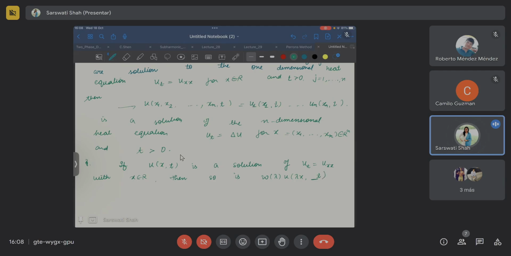It is x, it is t, and the equation is u_t equals u_xx. So if lambda x is here, what will come at this slot?